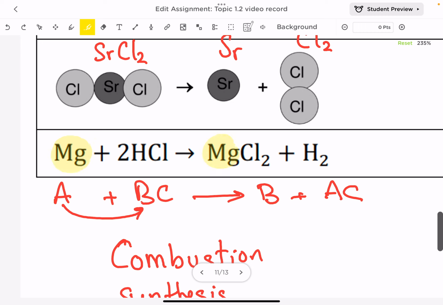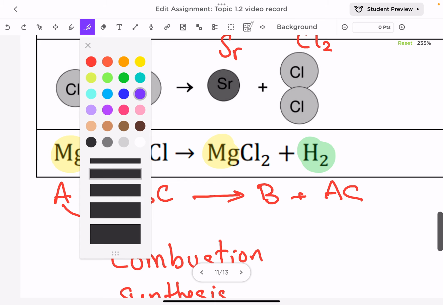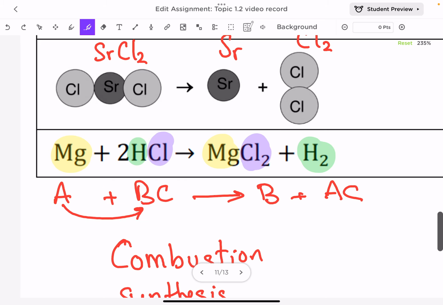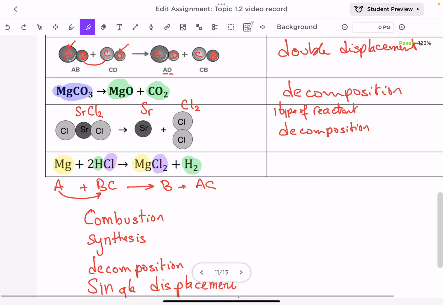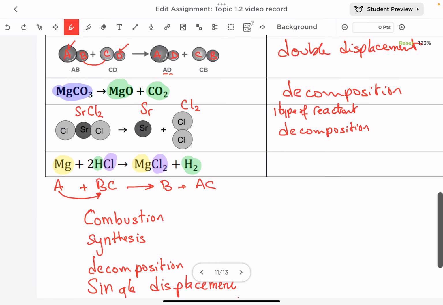It was alone, now it's in a compound. Now hydrogen was part of the HCl compound, and hydrogen is now alone. And here's the Cl, now it is joining the magnesium. So this one, since we have an element with a compound, it would be called a single displacement reaction.